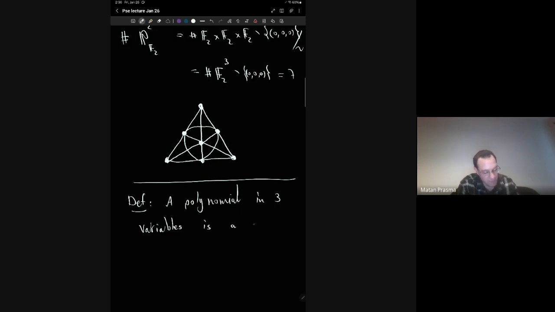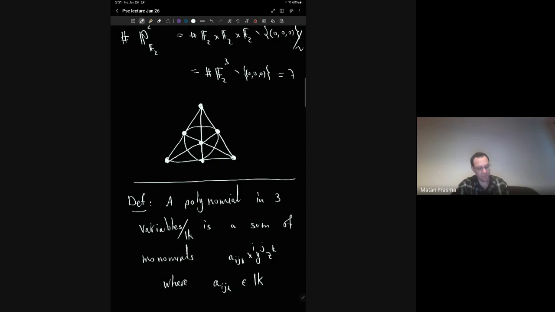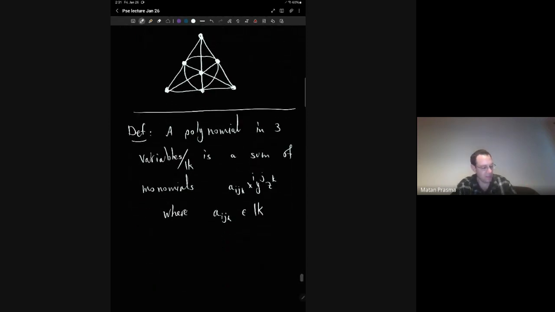It is a sum over K of monomials A_ijk x to the i, y to the j, z to the k, where A_ijk is always an element in the field K. So this should come as no surprise. Let's call it F(x, y, z).